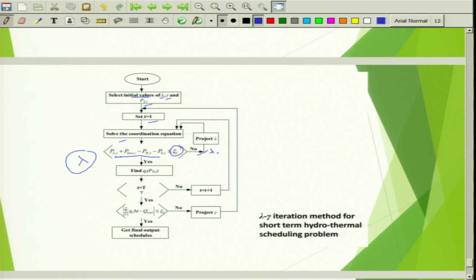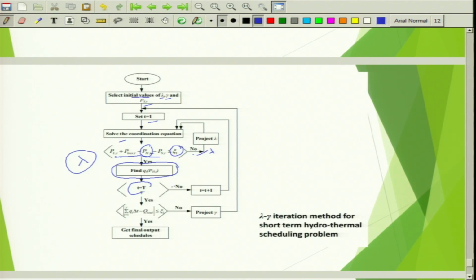Now the lambda value is frozen, and then for this lambda you find the volume of water, because hydro generation is frozen at this point of time. For this hydro generation, what is the amount of water for that specific time interval t equal to 1, and then you check whether you have already reached the total time interval or not.